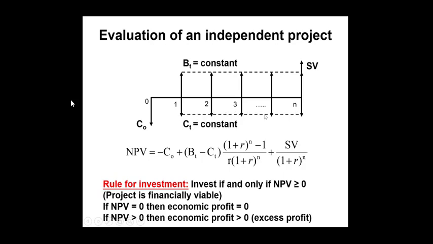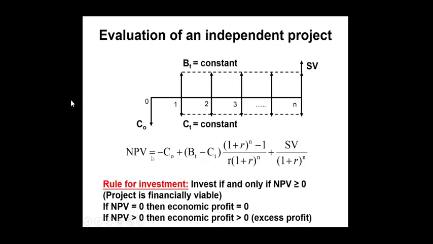The cost is constant, so we have an equal payment series of cost. For these types of cash flows, which are special, you can find the net present value by this formula.